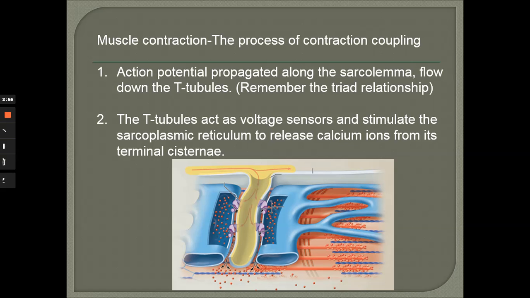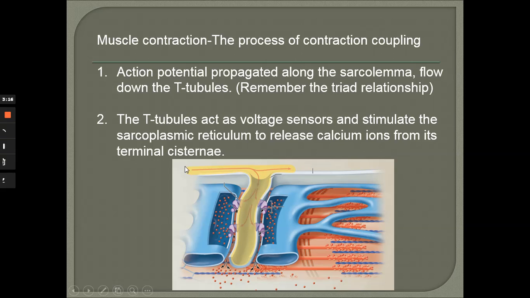Cistern, something that holds. And what it holds is calcium. So remember, the major function of the sarcoplasmic reticulum was to store and release calcium ions. So these little red balls that you're seeing represent calcium ions.